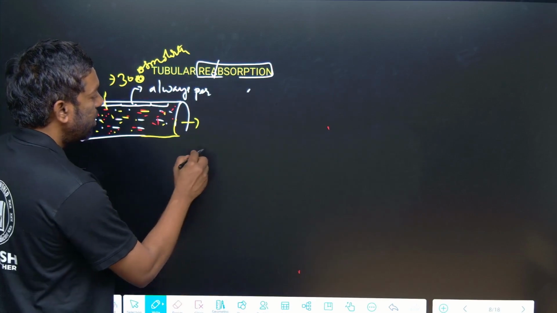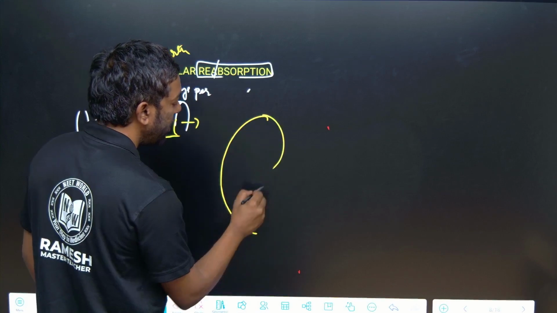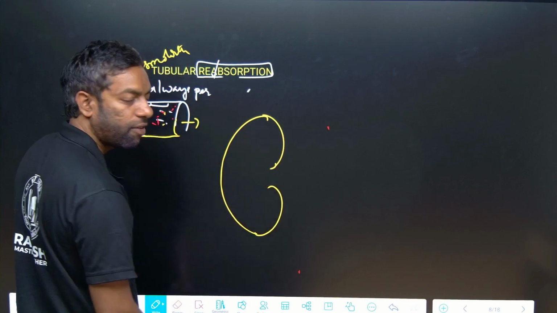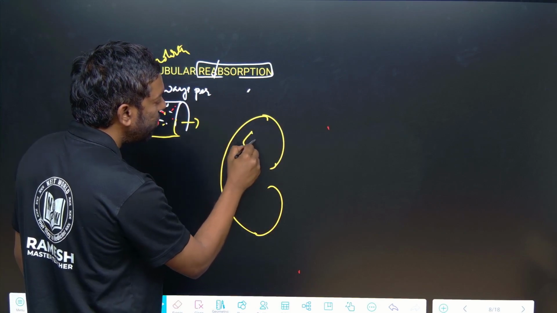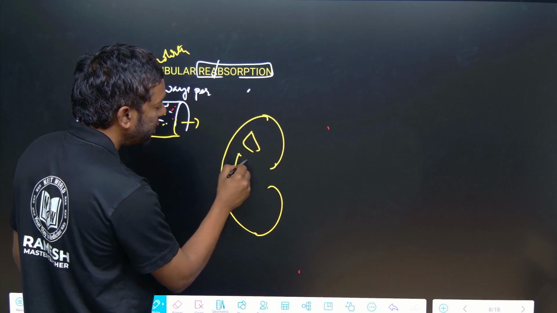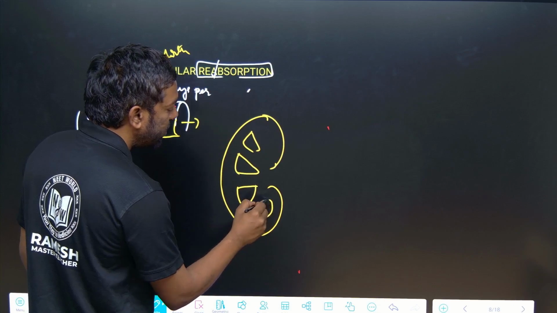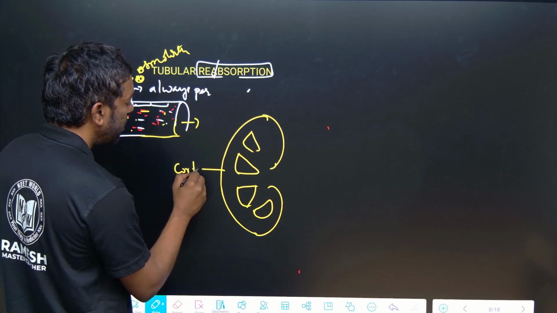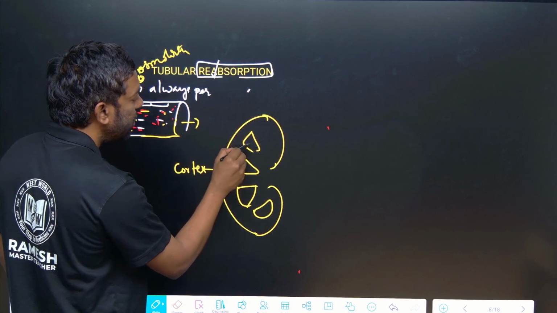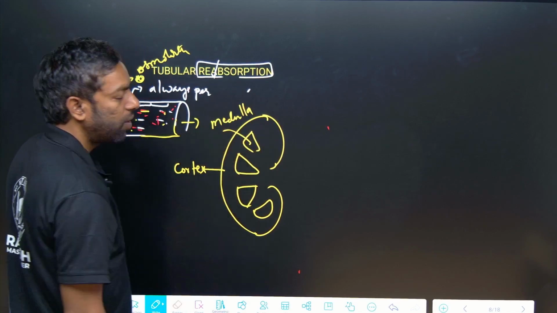This is one organ, the kidney. The kidney has tissue parts: this is the medulla and this is the cortex.